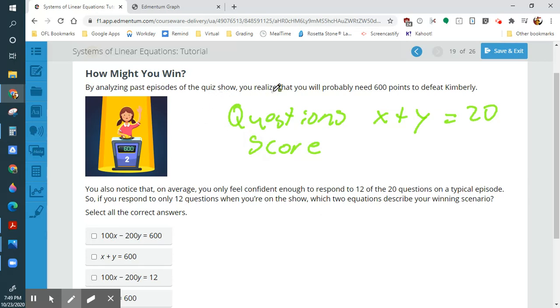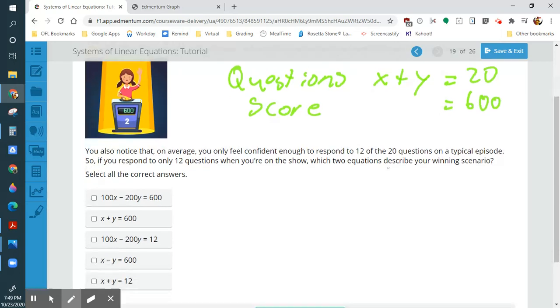By analyzing the past pattern, she's probable to get 600 points. So I guess we're not including that other one. She's trying to get 600 points. Her score, she's trying to get 600.